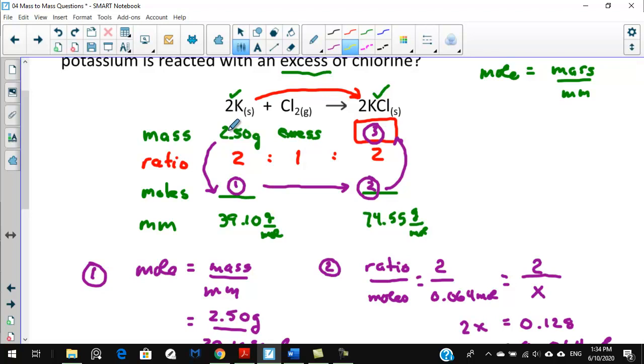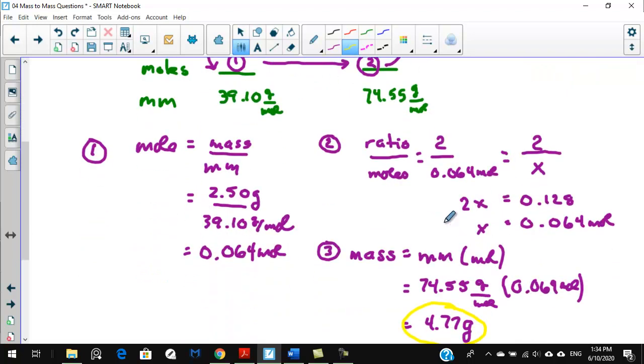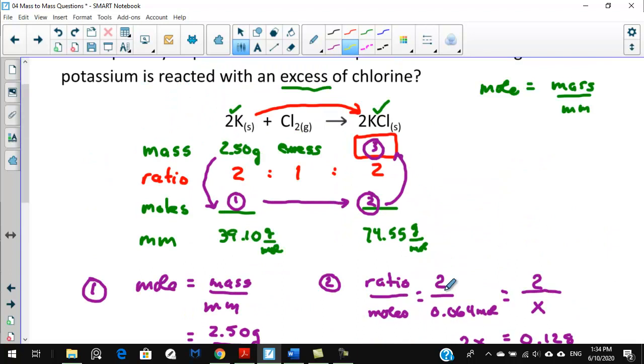It's always going to be this: put together your data, 1, 2, 3, 1, 2, 3. It's always that same pattern, and it's always going to follow these three formulas in a row. But if you take some time first and you set up this pattern so that you know what steps you need to do, it makes the question that much easier to understand, that much easier to do.